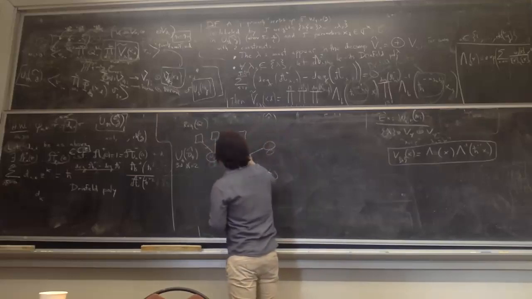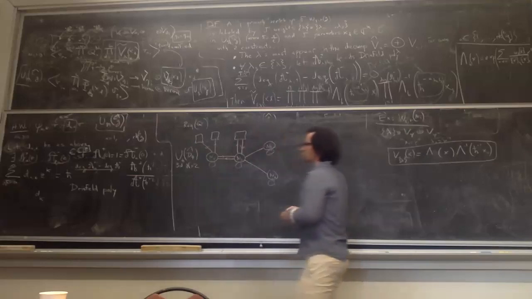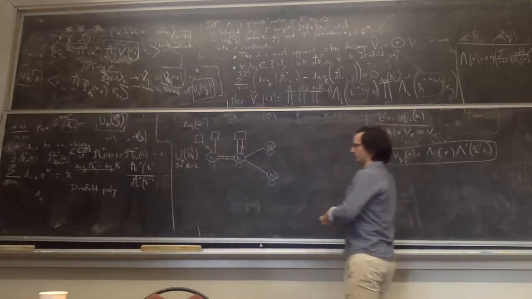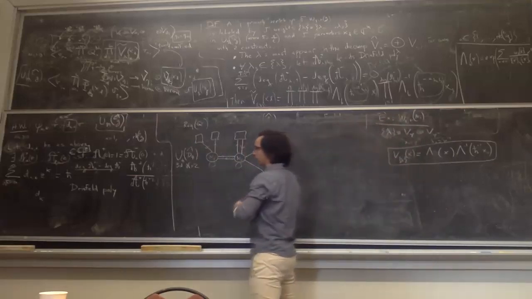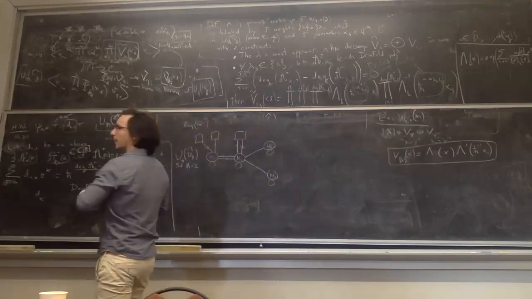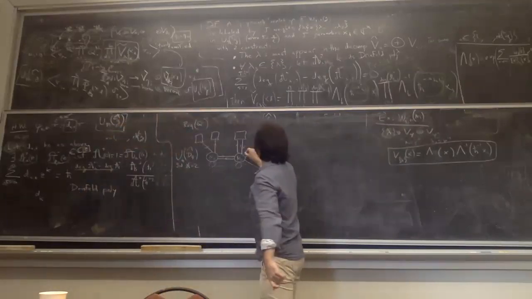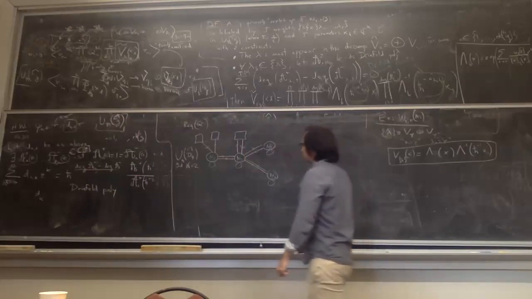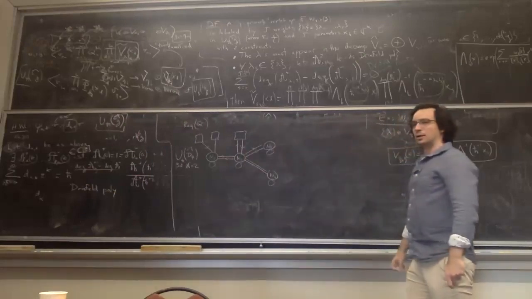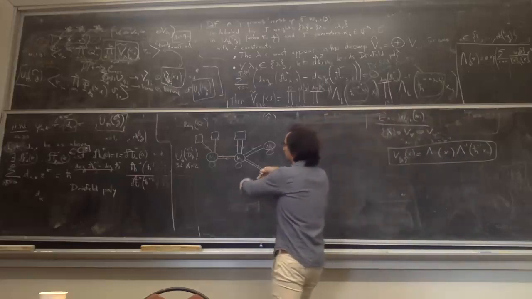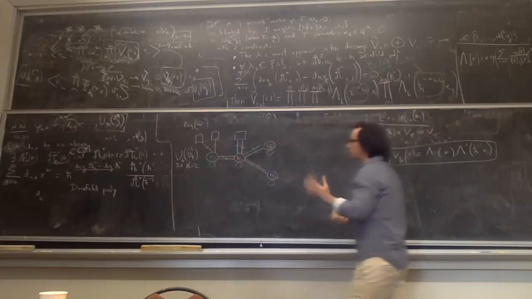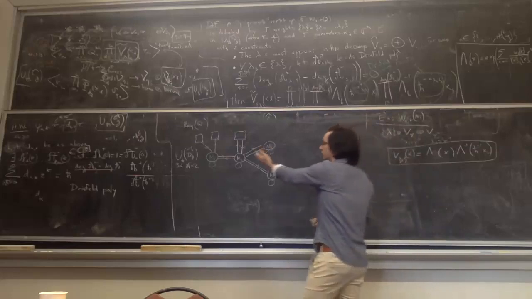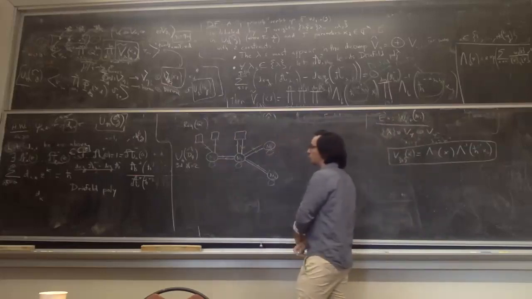N1, N2, N3, N4. So what's the data? What are these integers N1, N2, N3, N4? Generically, this is an example of such a quiver.